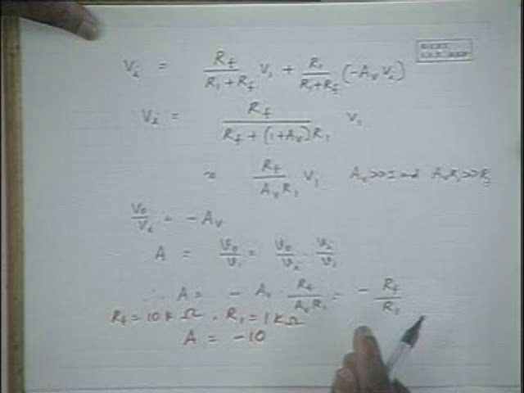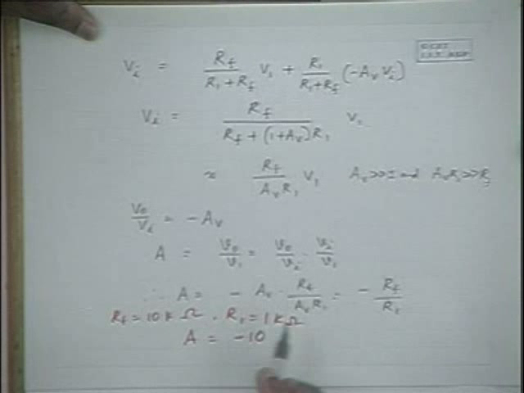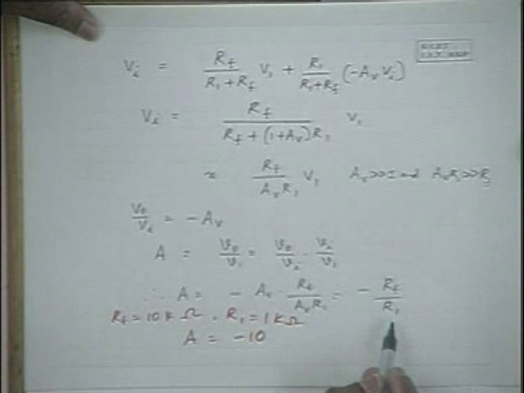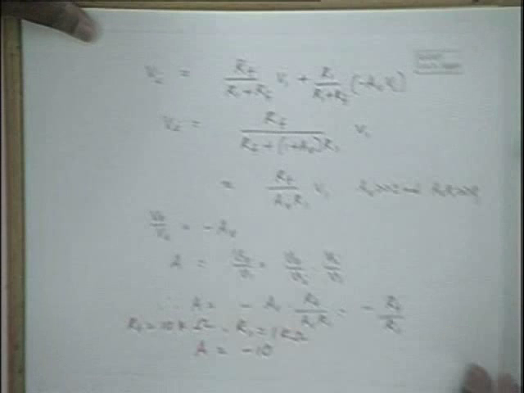So the same analysis can be carried out with the help of the virtual ground also. This analysis can be carried out, and we can show that the gain is minus RF by R1 with the virtual ground concept also.